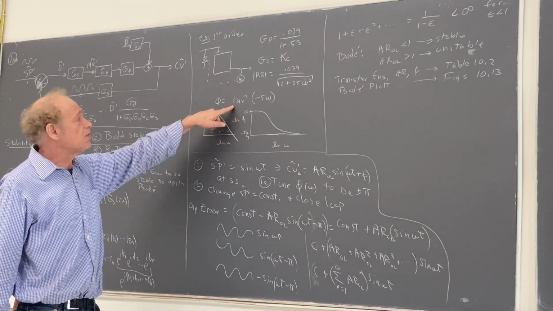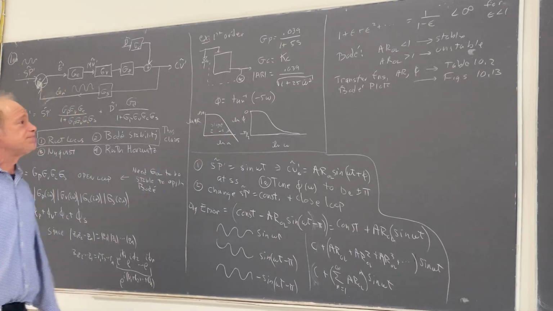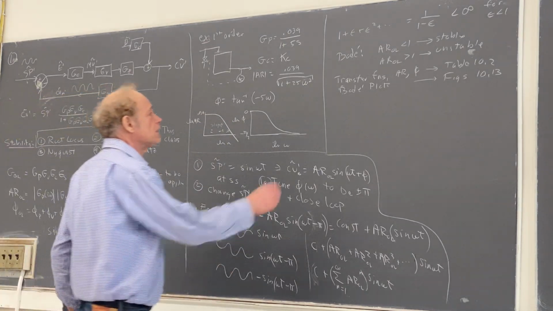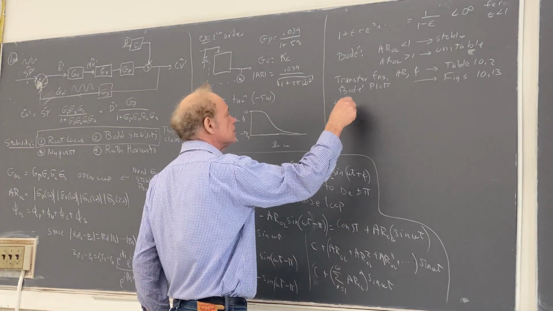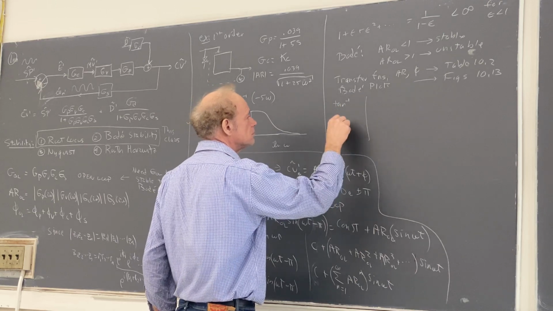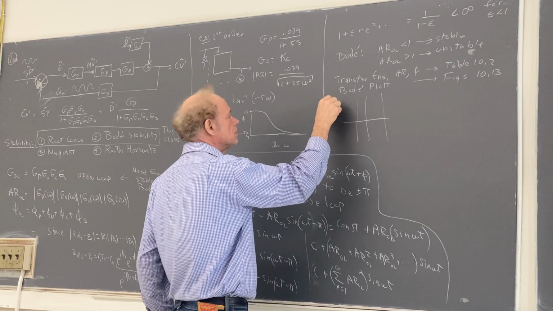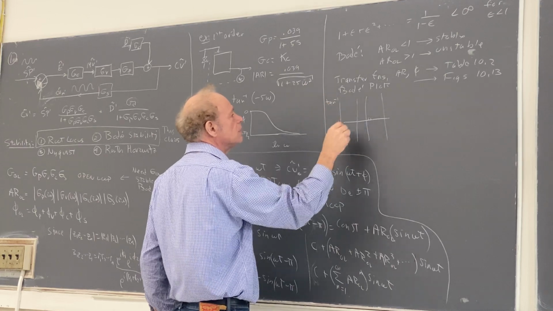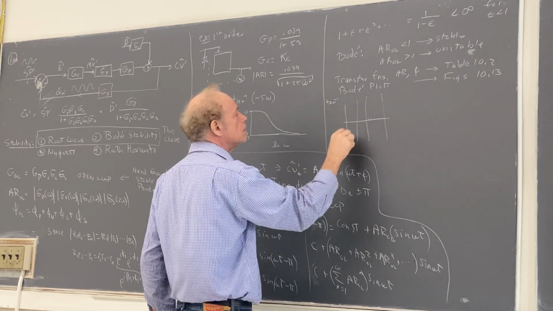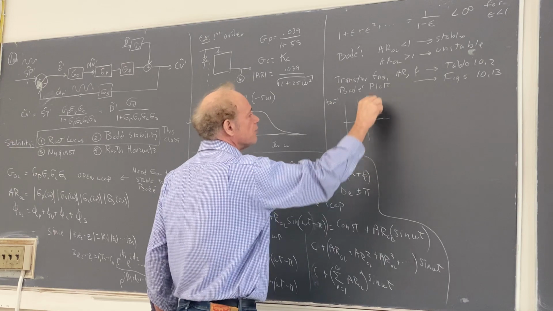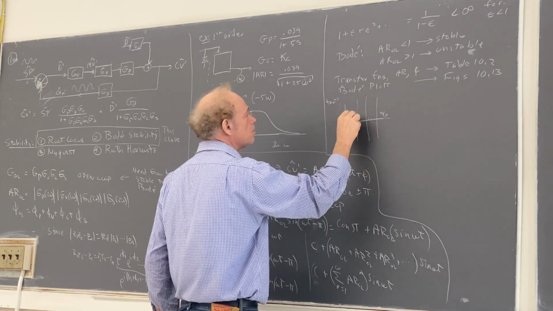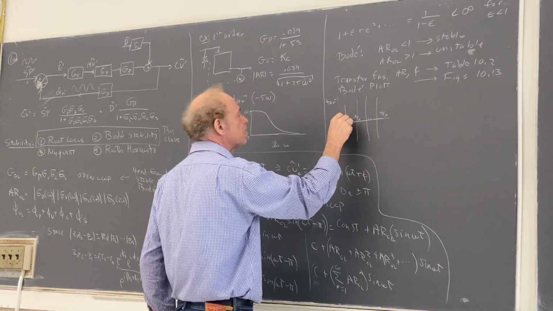And this we saw from a plot of the arctangent. This is 0. This is pi over 2, minus pi over 2, minus pi.